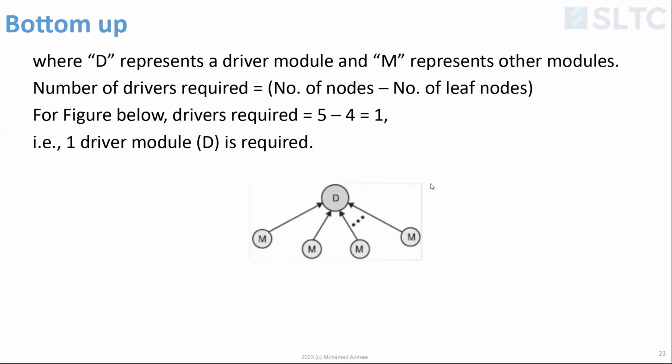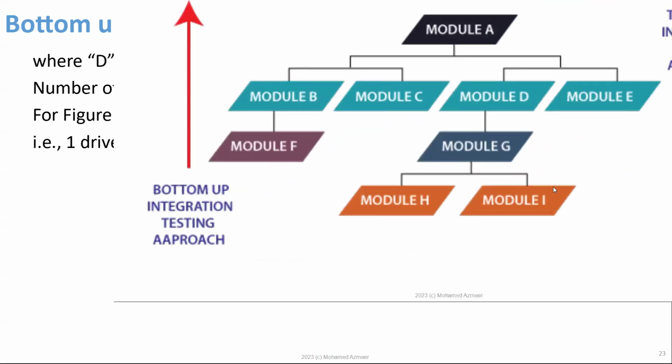So again, how many drivers are required? The total number of nodes is 5, and the number of leaf modules, like in a tree, this is called leaf, is 4. So 5 minus 4 is 1. So driver means one program to call these guys. So this is the bottom-up method.